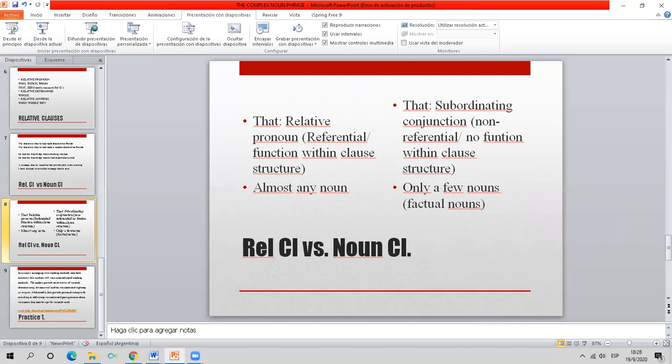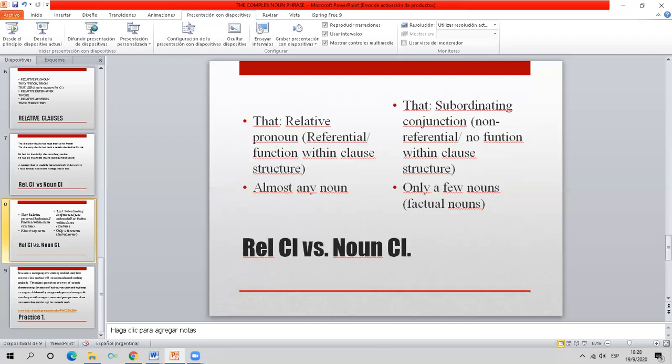The that, which you will find within a noun clause, you know, is a subordinating conjunction, which means it is non-referential and it has no function within clause structure. Now we'll go back to the examples to check this.